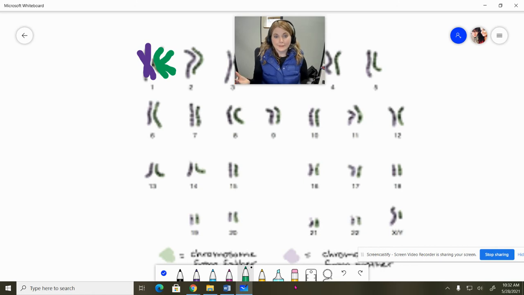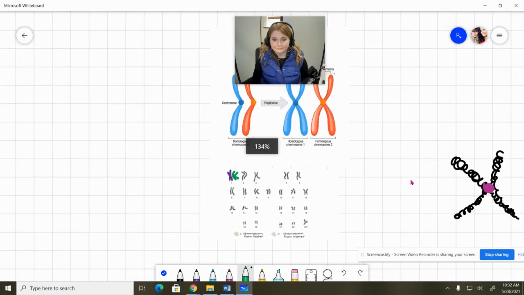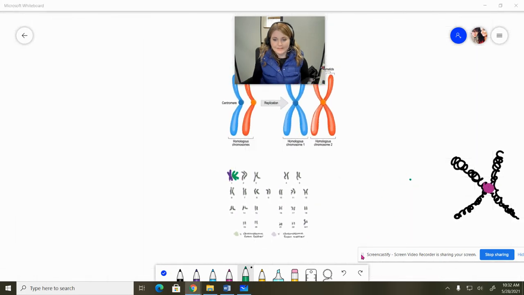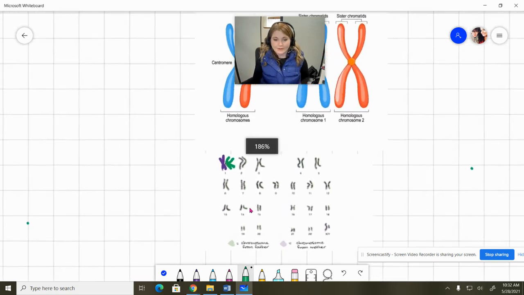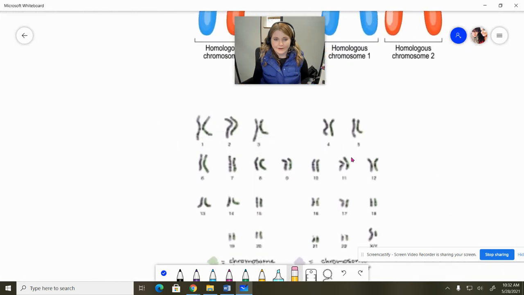Every one of them would look like a little X rather than just an individual line. And then they'll separate and divide, and that's what happens during mitosis. So I just wanted to make sure you're familiar with the different terminology here. When we see that familiar X-like structure, that is just prior to cell division. Otherwise, what you normally have is just 23 pairs of individual chromosomes.